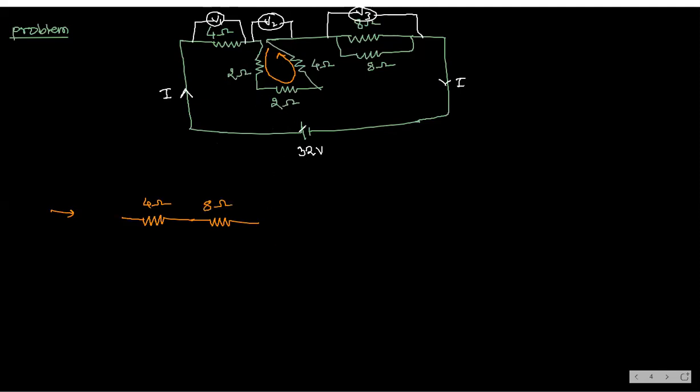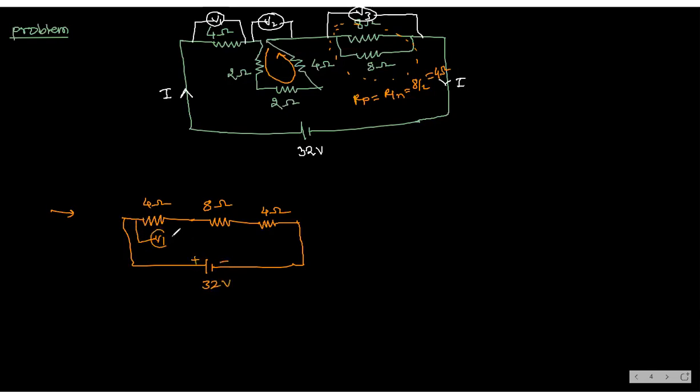And these two are in parallel, so Rp equals R by N, which is 8 by 4. So here you get 4 ohm. And down you see this is the battery which we have connected, and its potential is 32 volt.